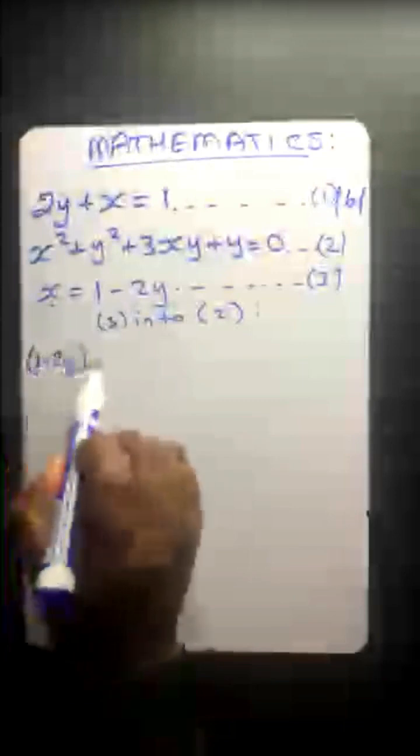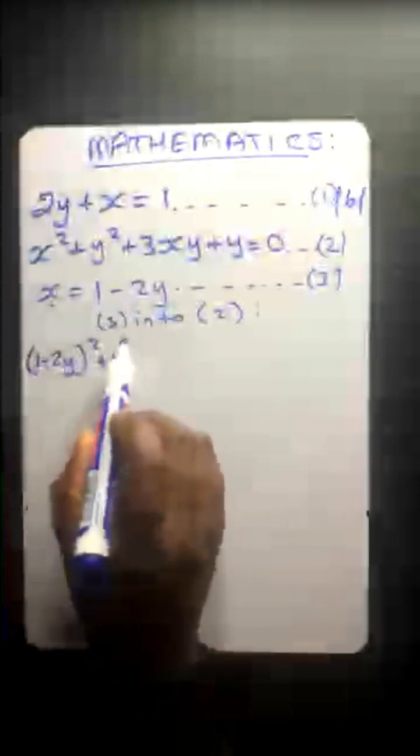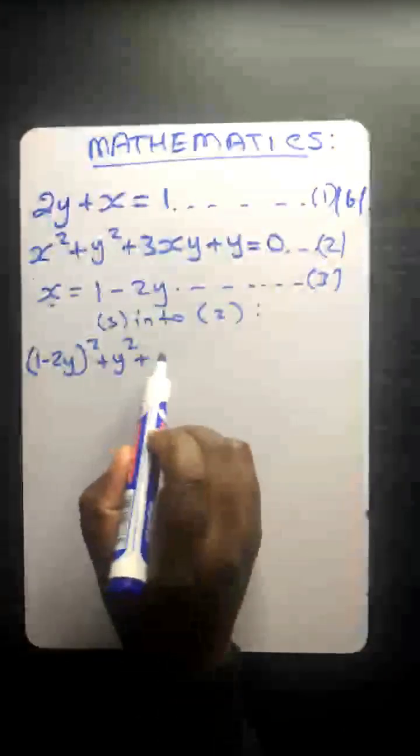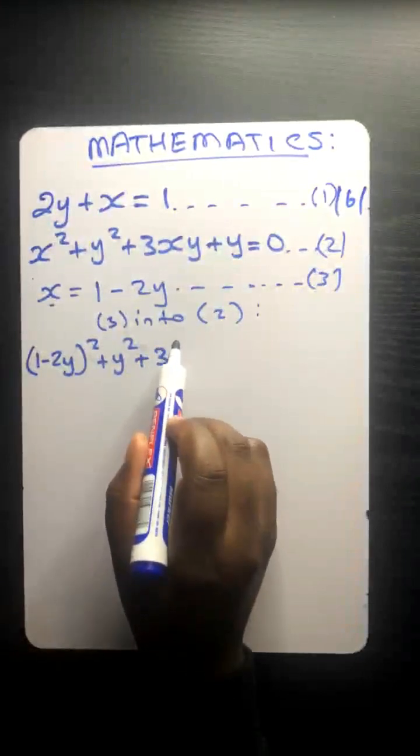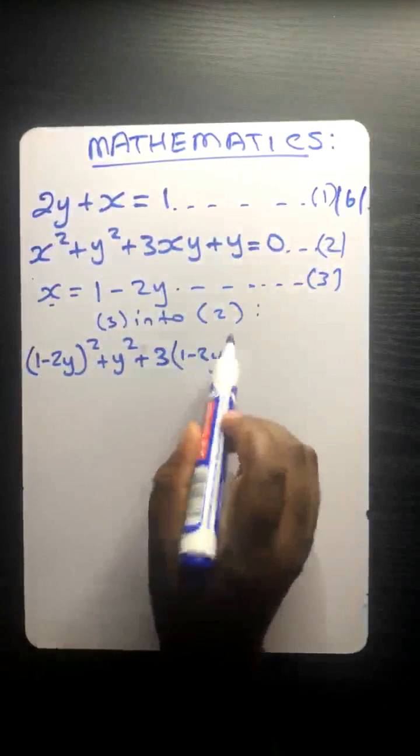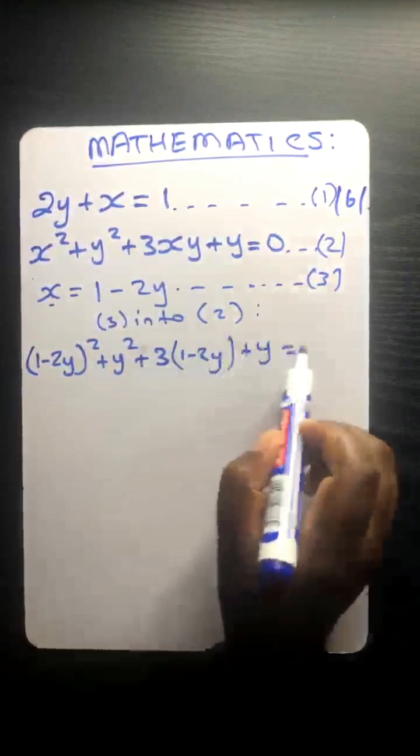You're going to substitute all of that. You're having a squared there. Then you're having y squared plus 3. What is x? x is (1 minus 2y), close, and then plus y equals 0.